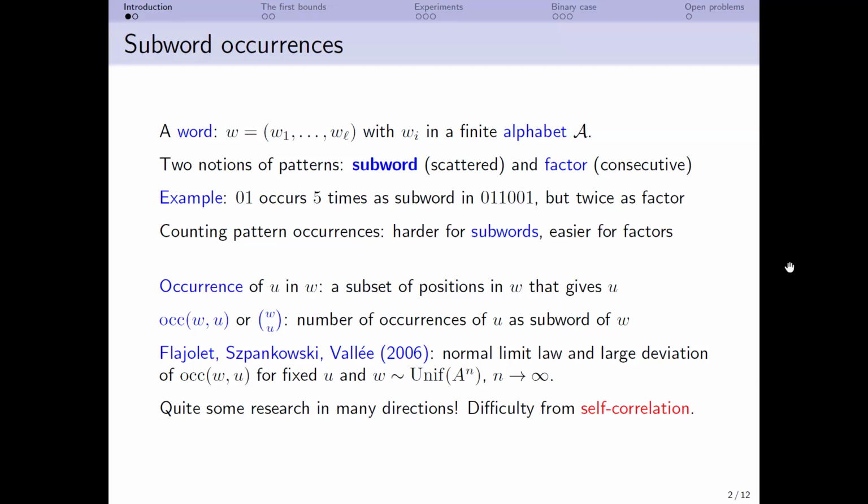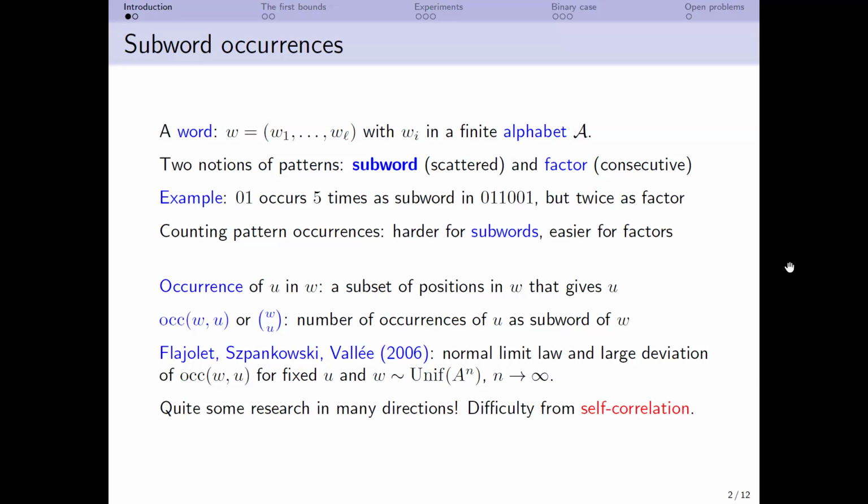And when the subword has some self-correlation, then it will alter the probability that we have another occurrence of it. So in the rescaling and in the normal distribution, there would be some factor that is related to the self-correlation of the subword. And the difficulty in the analysis here is from those self-correlations.